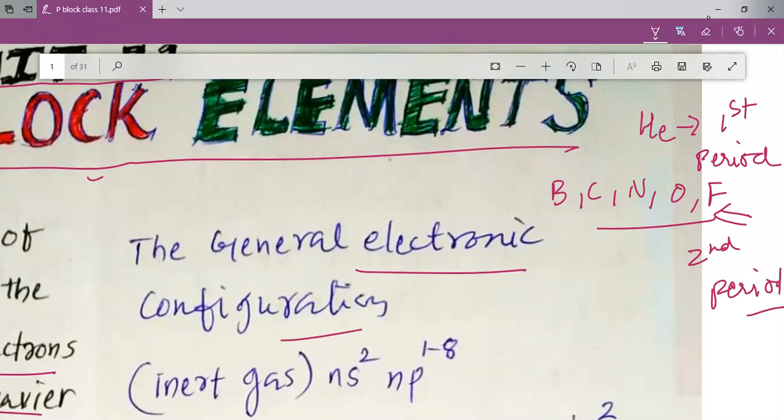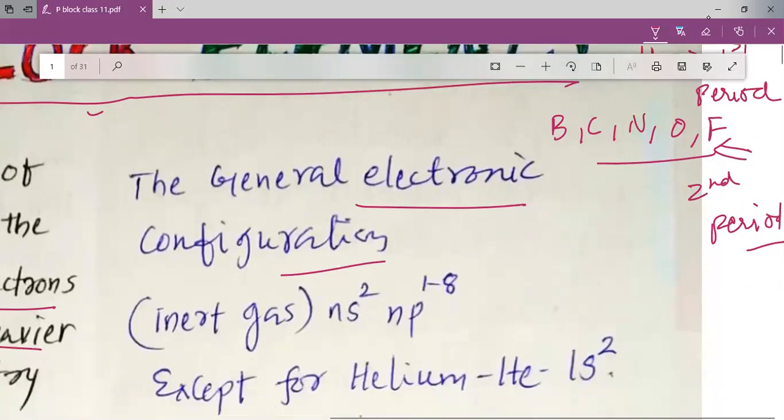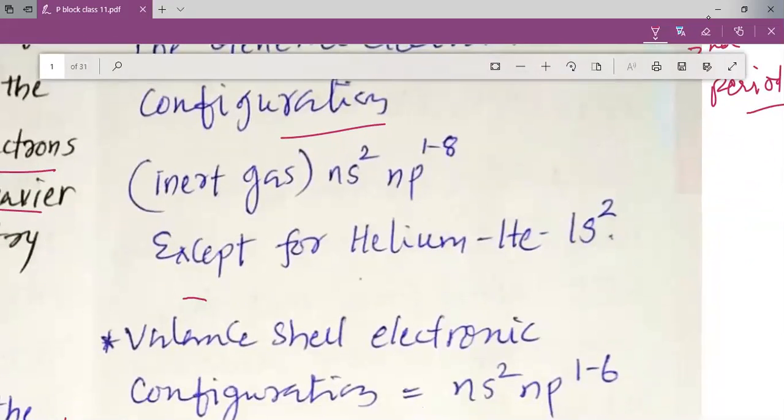The general electronic configuration for these elements, my dear students, we can write as inert gas ns2 np1-6. But sometimes in between this ns2 and np, there are some (n-1)d orbitals present, and sometimes (n-2)f orbitals are also present.